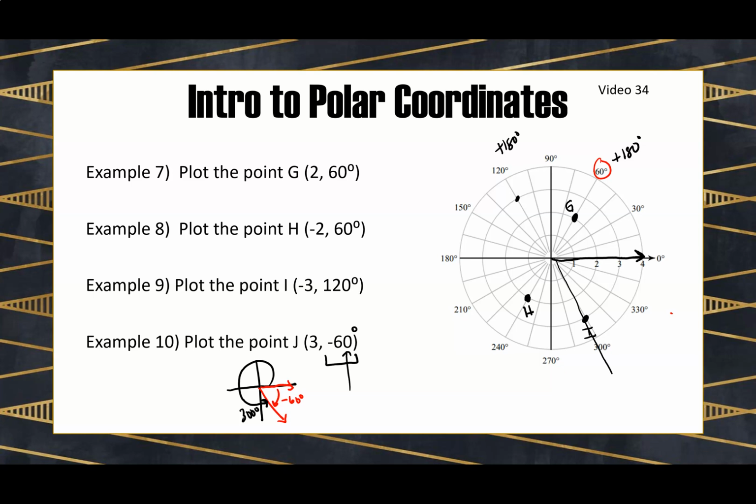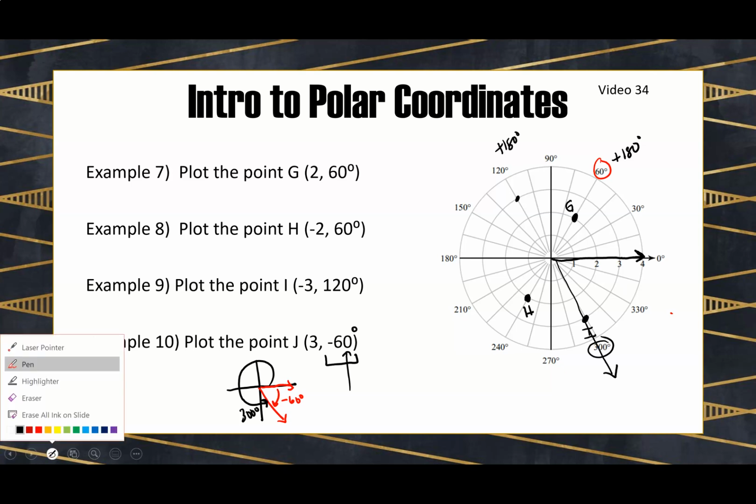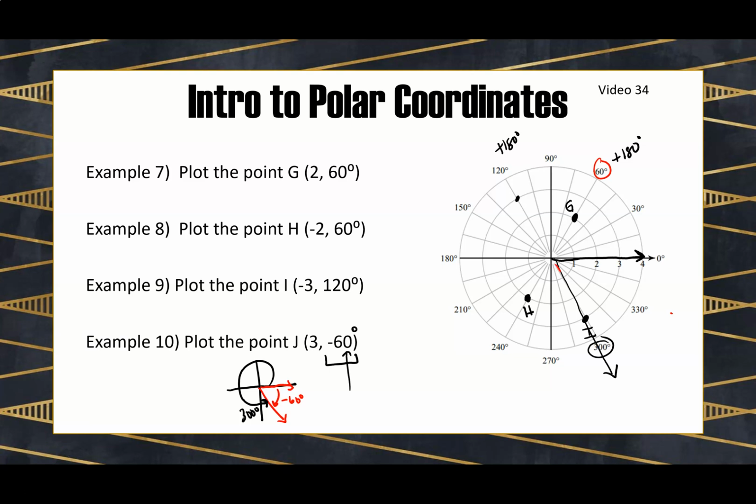That makes sense that that's 300 degrees right here, that this would be a -60 degrees. And then we also know that we've got a radius of 3. So I'm going to be on this angle right here, but I'm going to be a radius of 3. And that radius of 3 is 1, 2, 3. And we're actually going to be at the same exact spot as I. Okay, so I can write that this is the point I, the point J.